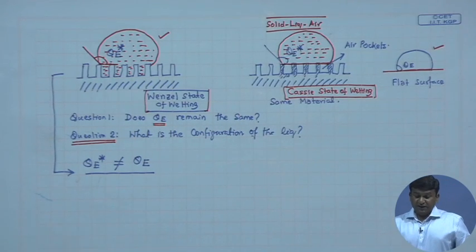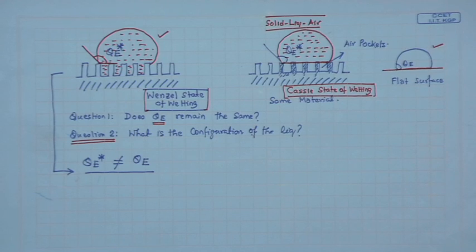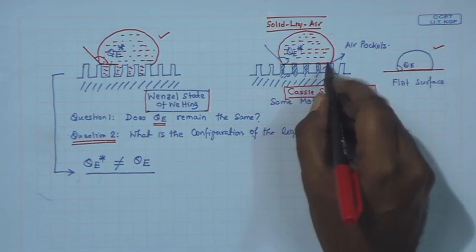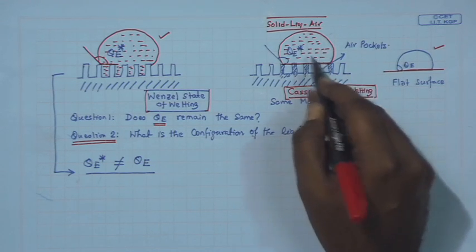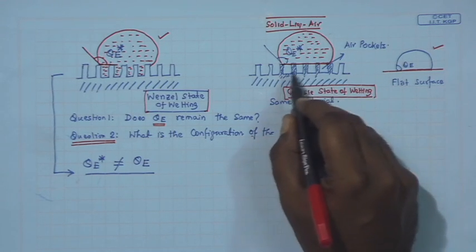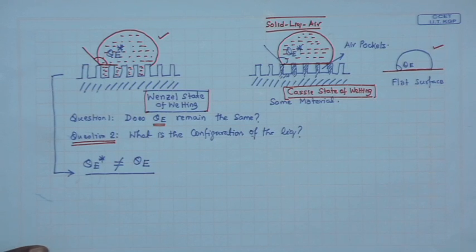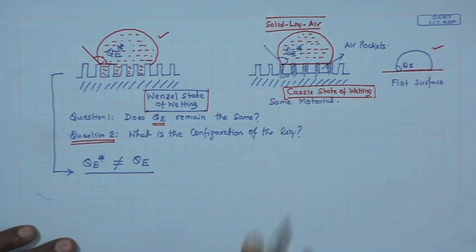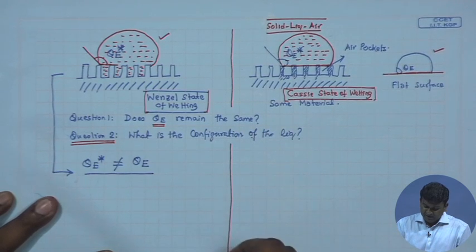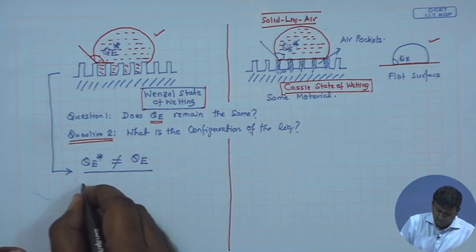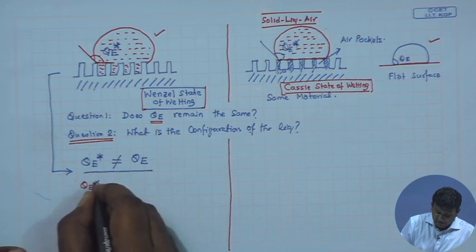So, what is the utility, or where exactly will it show up? The most logical thing to assume at this stage is that dislodging a liquid on a surface like this is probably going to be easier. This is intuitively what you can say. We will see that, but before that let us take a look at what values of theta star e we get.